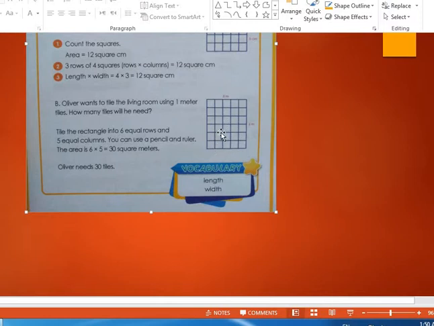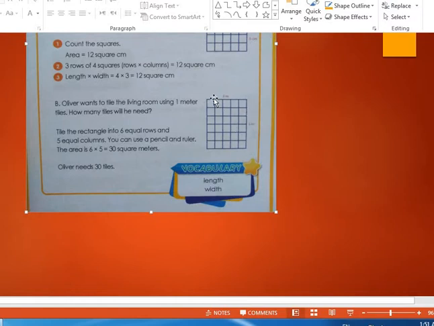And how many columns? 1, 2, 3, 4 and 5 columns. Instead of counting the inside square units, I can multiply this side by this side. So in the rectangle I multiply the two sides, which are called length and width.